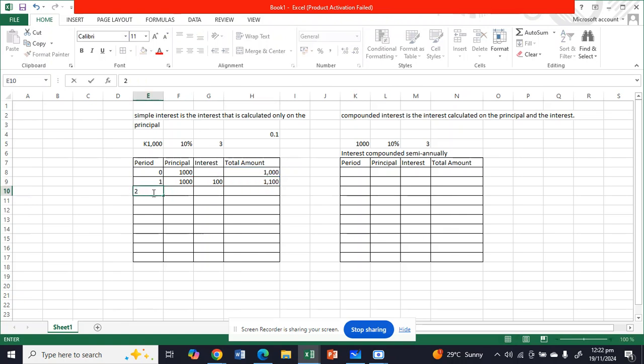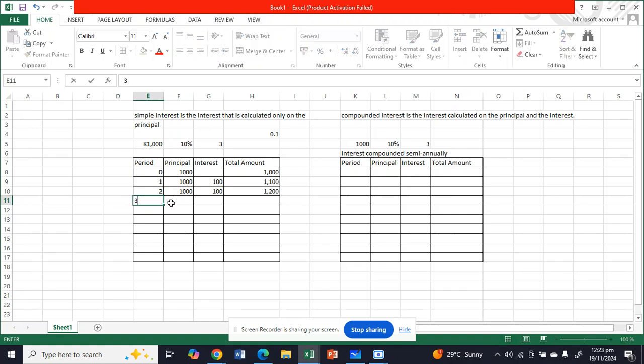After year two passes, again, calculate the interest. So with simple interest, the interest will just remain the same over the years, right? Each year, you're just saving 100 kwachas interest, right? At the end of year two, you have a total of 1200 in your bank.